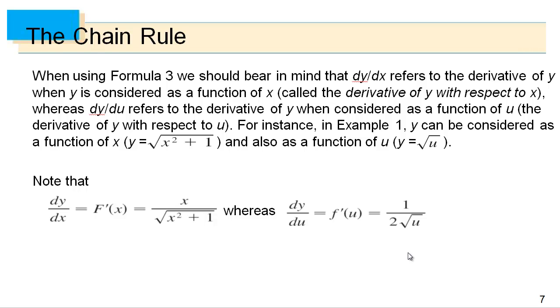So that's the derivative of y with respect to x, whereas dy du is the derivative of y when we think of it as a function of u, and thus we're looking for the derivative of y with respect to u. And with that in mind, in example 1, we could have considered y to be a function of x, but we could also consider it to be a function of u and do that whole kind of u substitution thing. Either way is going to get you the same result.